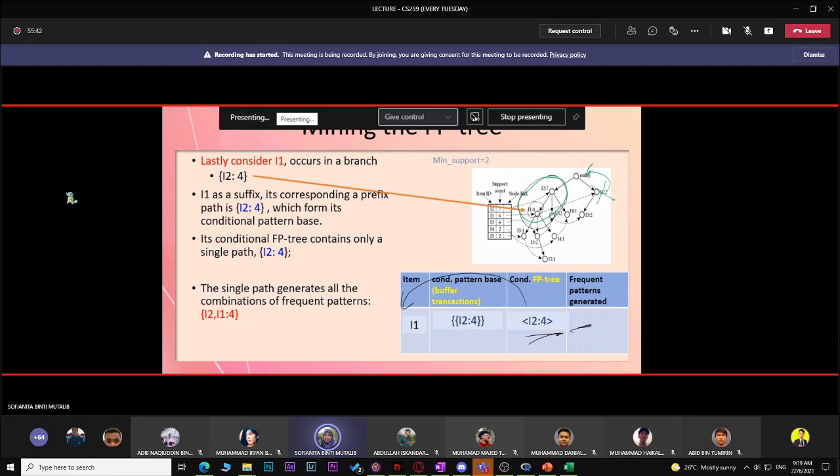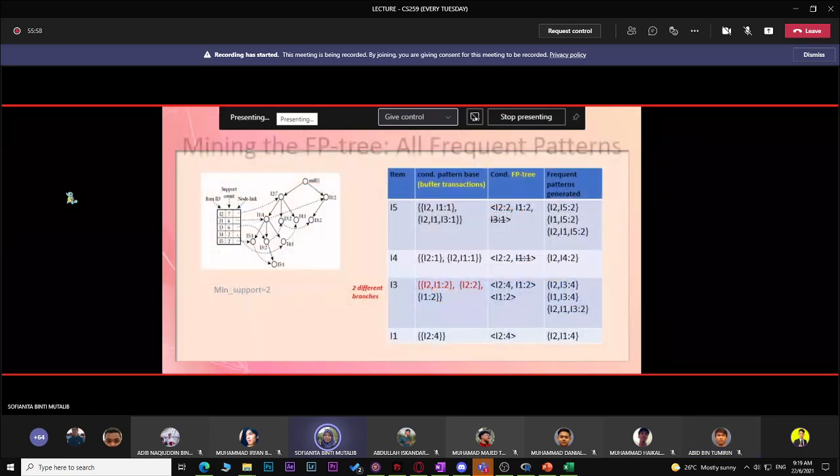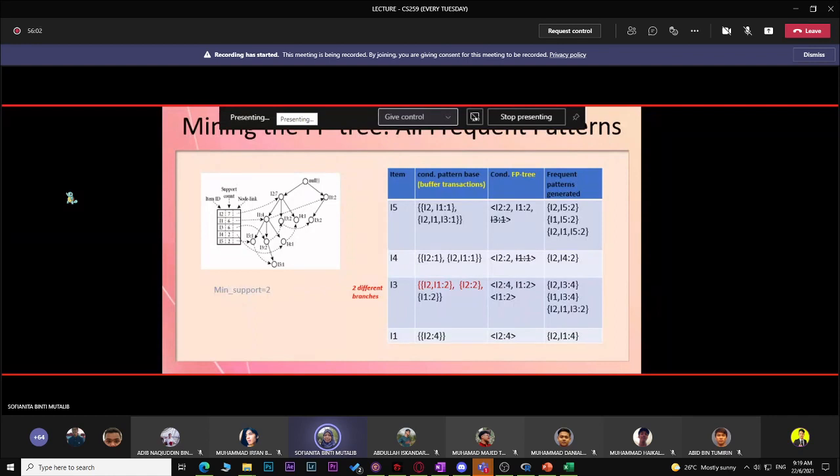Yeah, we get the frequent pattern, which is I2 and I1 occurring with 4. Boleh? Boleh. Okay. So this will be after we combine all, the table will look like this.